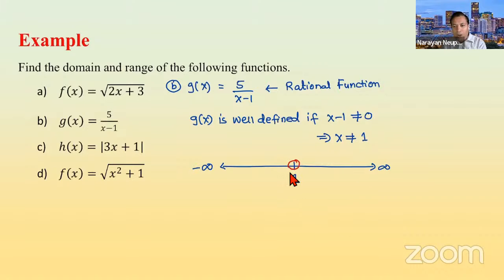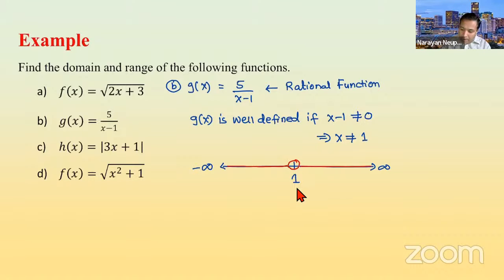It does not take 1, but it takes all values less than 1 and all values more than 1. The only value it will not take is +1. So the domain is everything but 1.